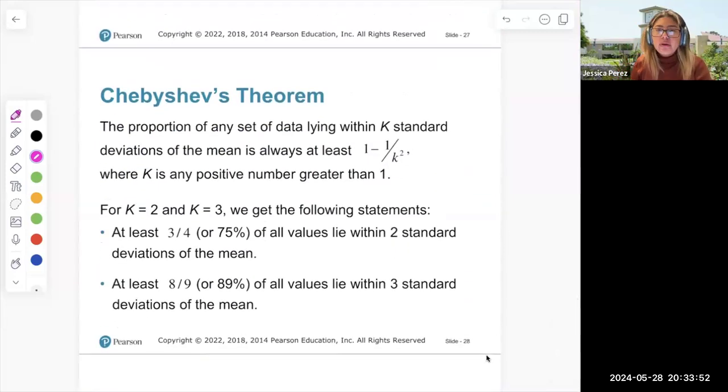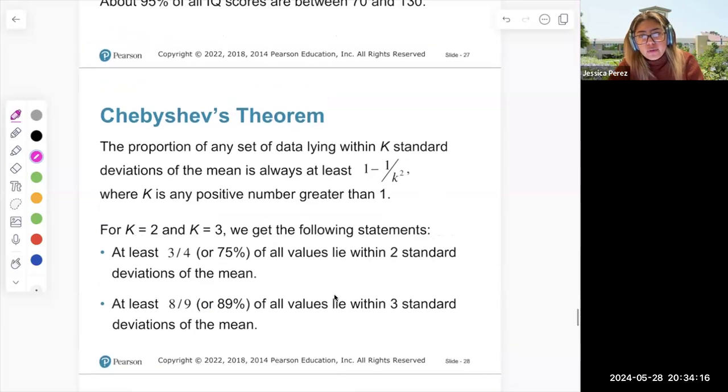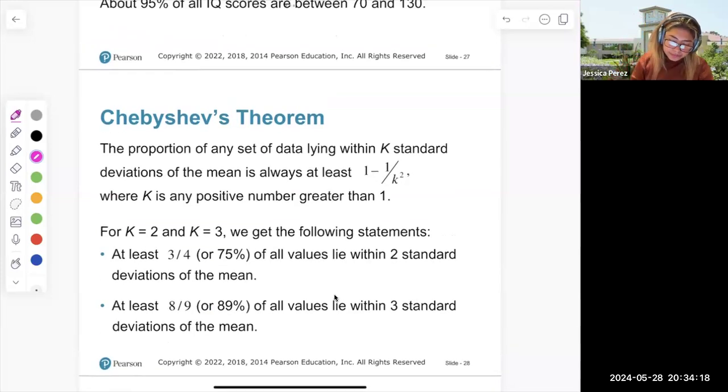We also have another theorem, which is called Chebyshev's theorem. Chebyshev's is something further away than the empirical rule. That also stands for percentages. So what happens when the k standard deviations away is 2 and 3? I'm going to use this formula: 1 minus 1 over k squared. If I'm using Chebyshev's, I do 1 minus 1 over 2 squared, 1 minus 1/4.